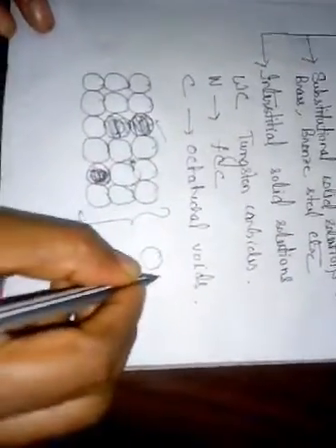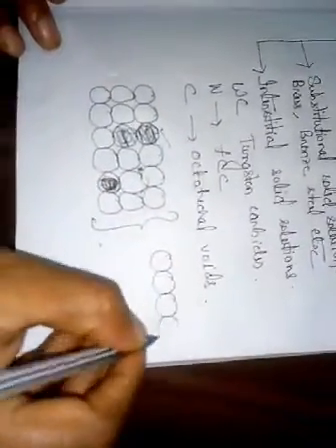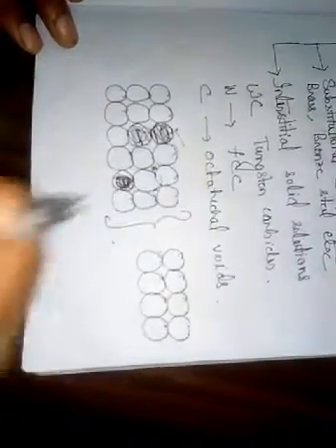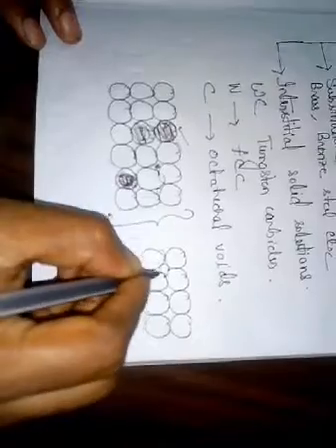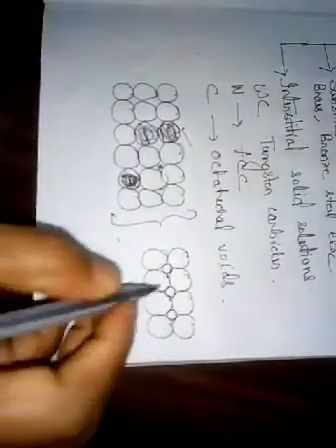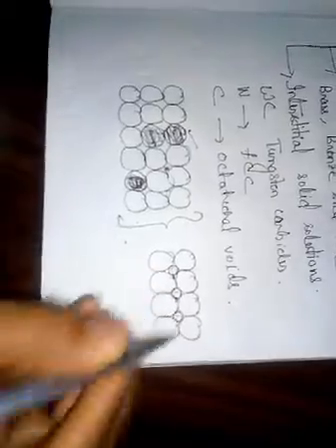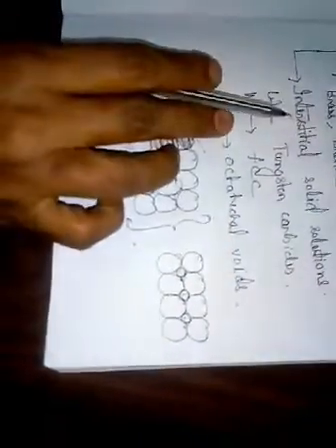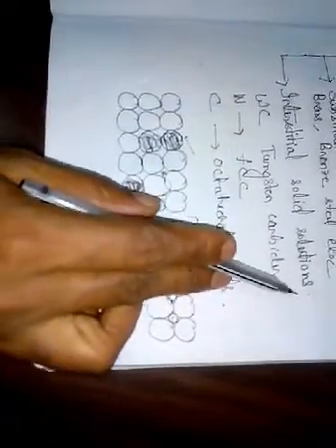We can get an arrangement like this. If some foreign atom will occupy the voids, these are the voids which I have kept the tick, if such is the case, the solid solution is called interstitial solid solution.